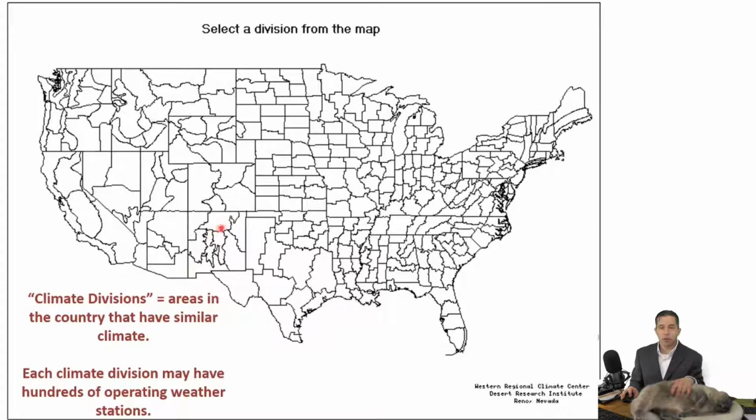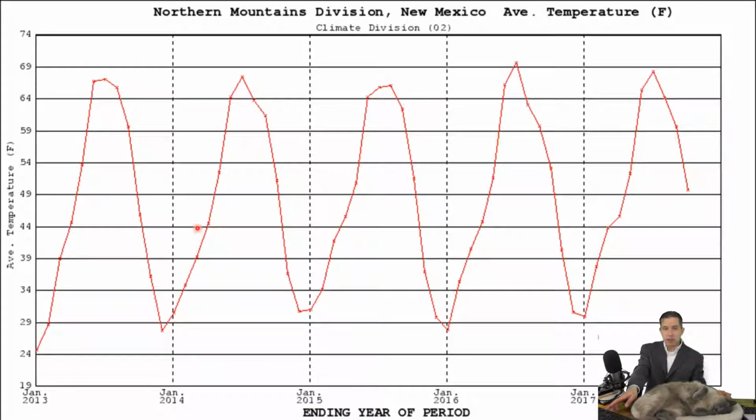Within each climate division you might have several hundred operating weather stations, usually recording data at least once an hour, sometimes once every 15 minutes or even more often. So we're going to pull records from a climate division and look at how the temperatures have changed in the past.